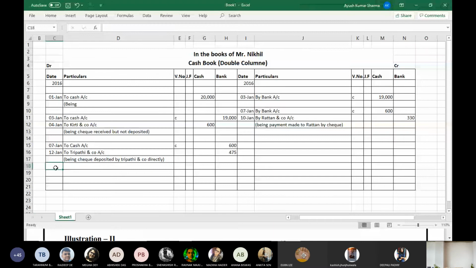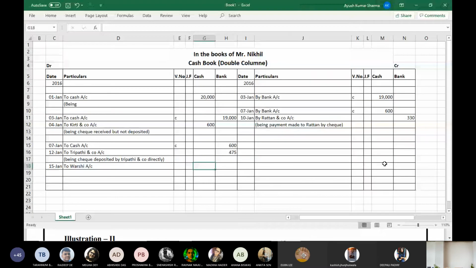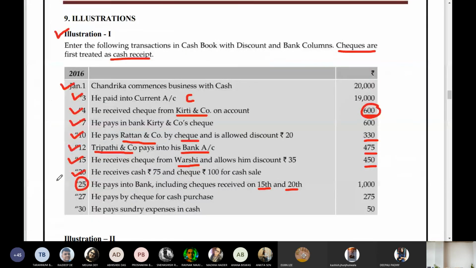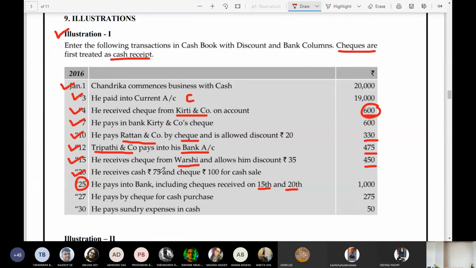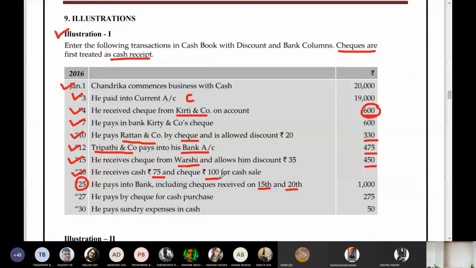So we'll write 15th January to Washi account in cash. On 20th one, we'll again write to sales account, 75 plus 100, 175.